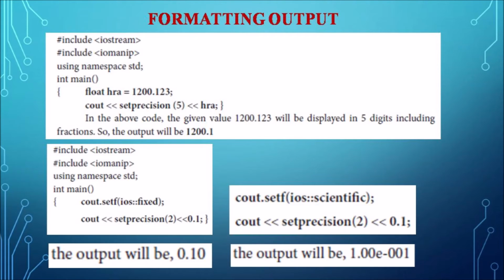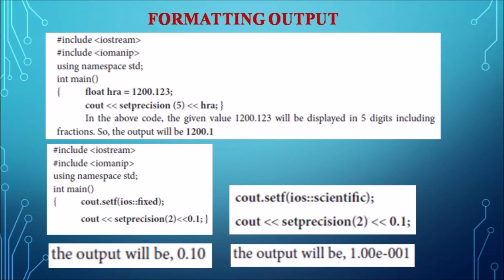The output will be 1.00 times 10 power minus 3, written in exponent form. For the exponent, a small e is given, and for 10 power minus 3 it is given as e minus 001. After calculating this, the result will be 0.1. So this is the exponent form, that is scientific notation.